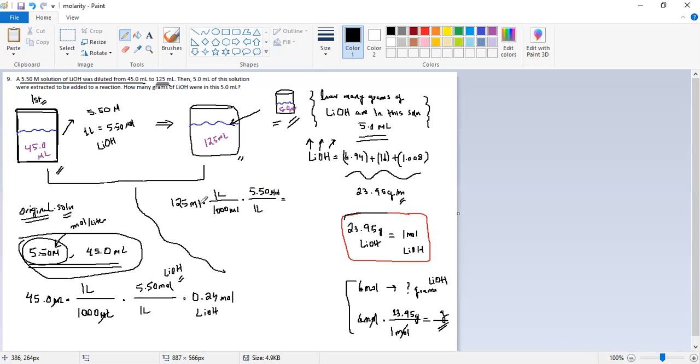And then if you were to plug this into a calculator, you would get a different amount. And that doesn't make too much sense. I think you would get 0.687 moles. And again, that is not consistent, right?